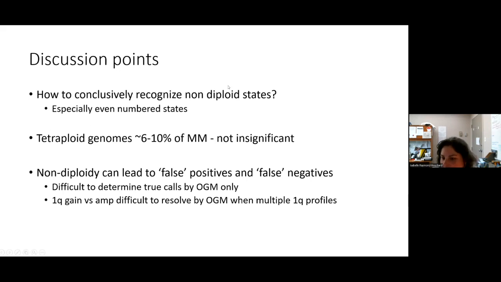And we know that tetraploid genomes in myeloma are about 6 to 10% of cases, so it's not insignificant. And we want to limit the number of false positives and false negatives that we have. So I think that's it. Thank you very much.